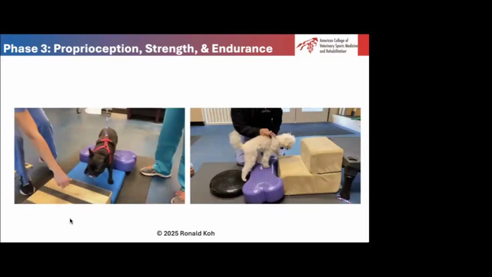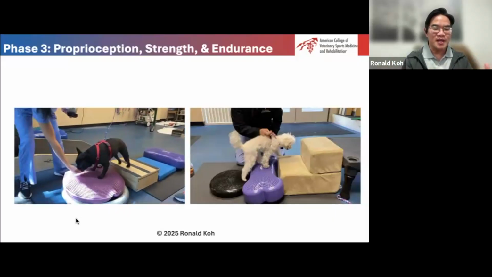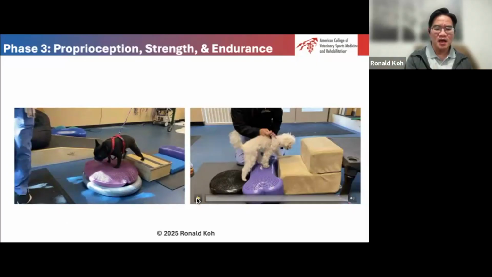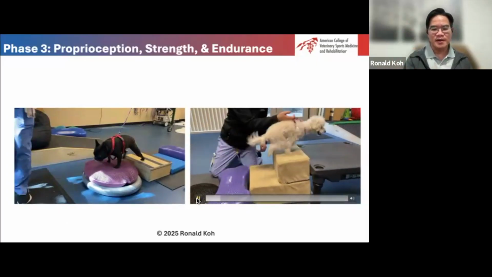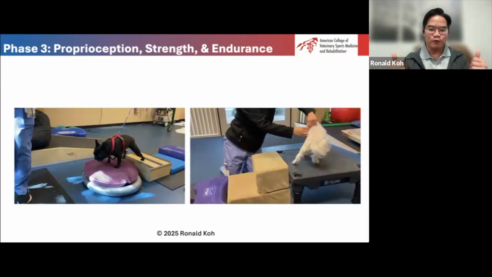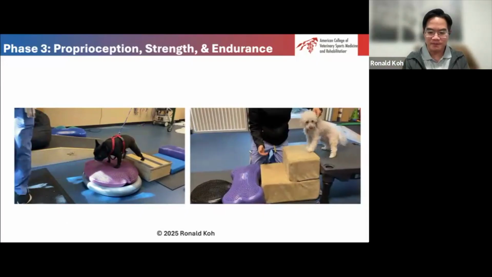Just pretty much anything, right? So steps, just put random things on the floor and have the dog walk up and down over those things. Walk a couple of times, walk up and down the stairs, anything. Walking up is very helpful for strengthening the hind limb, and walking down is good for the front limb.